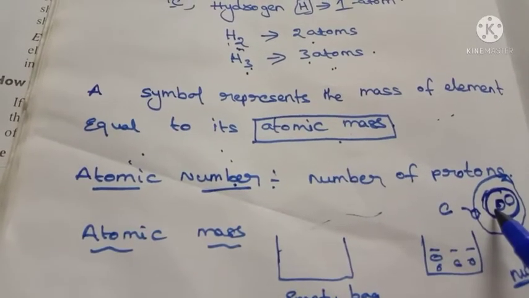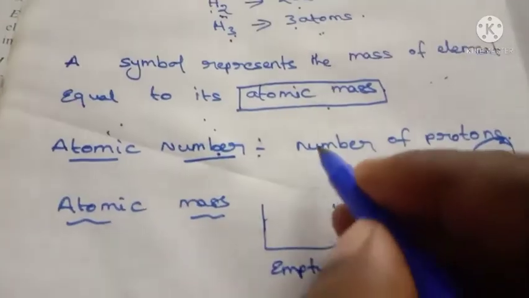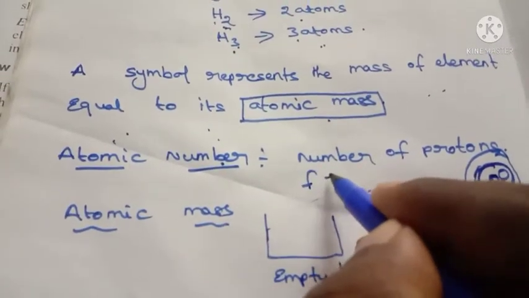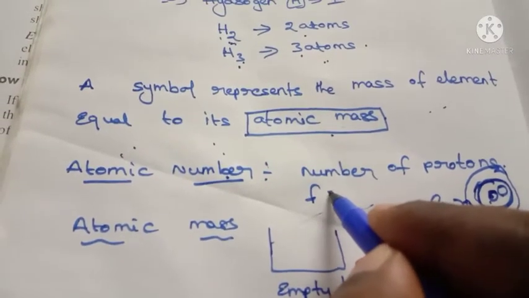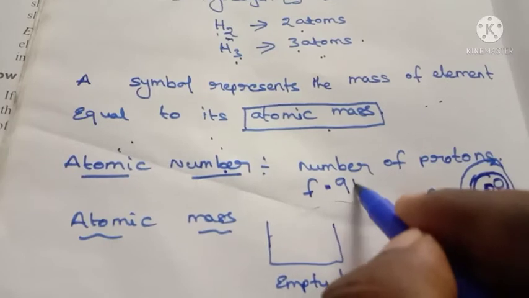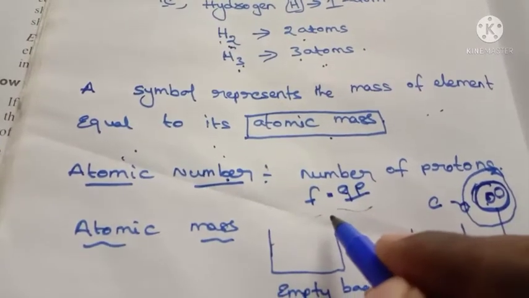For example, in fluorine we have 9 protons. That means the atomic number of fluorine is 9.